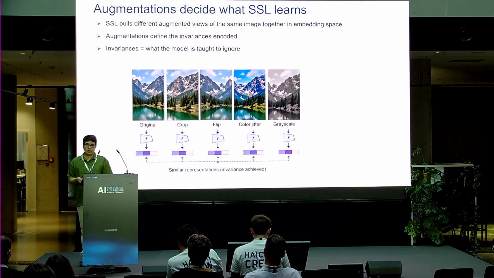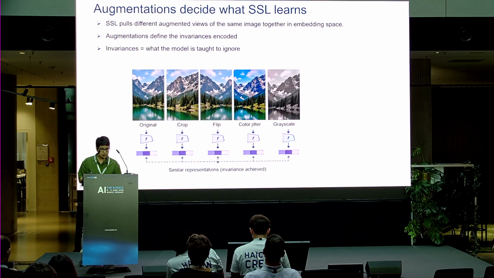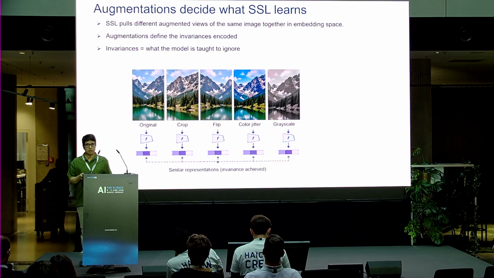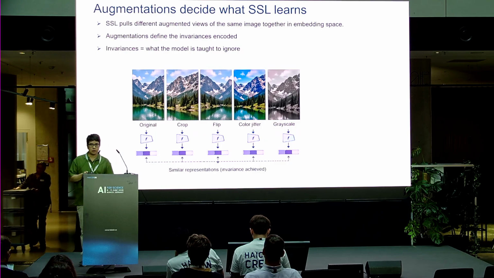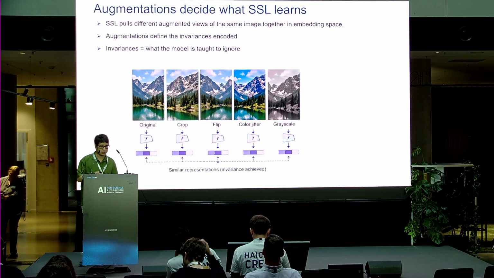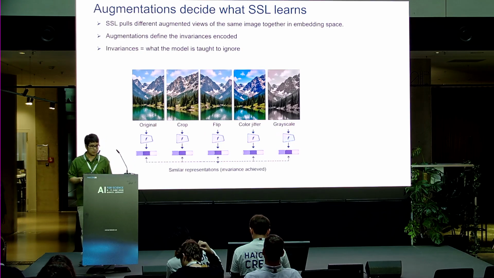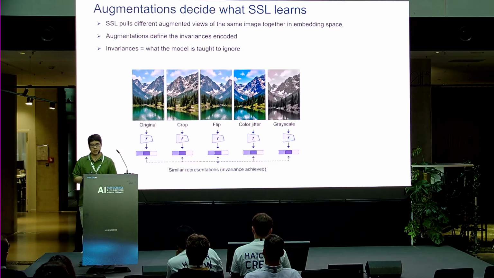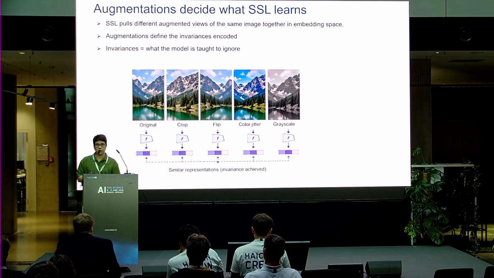And in self-supervised learning, similar to what Simon talked about in the previous presentation, you have two different augmented views of the same image that you're trying to train the model to learn to bring closer. But if you have augmented views of different images, you want them to be pulled apart. And these augmentations, these perturbations that you do to the images, are the invariances that the model learns to ignore.